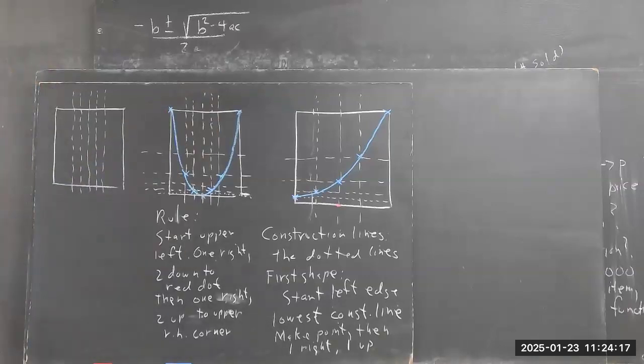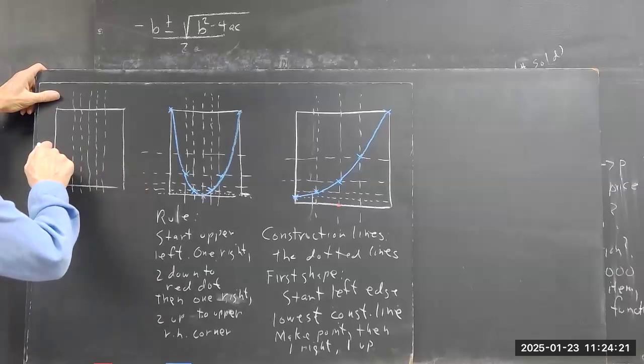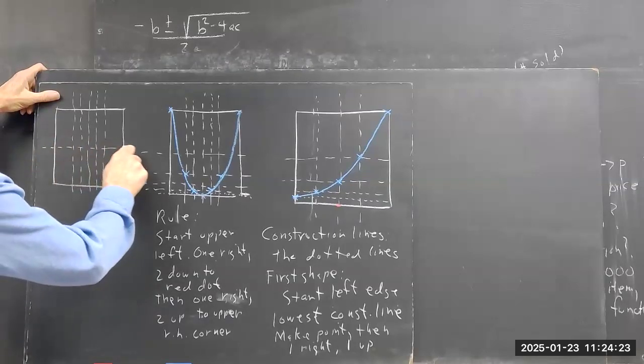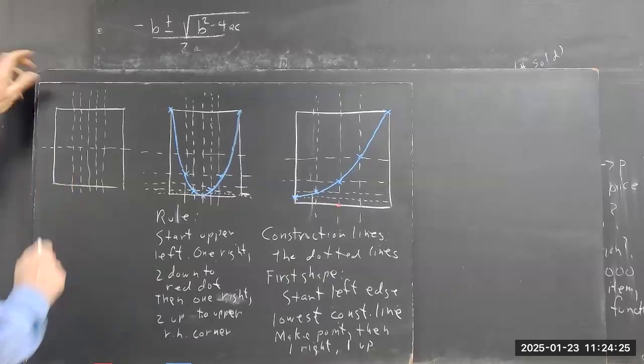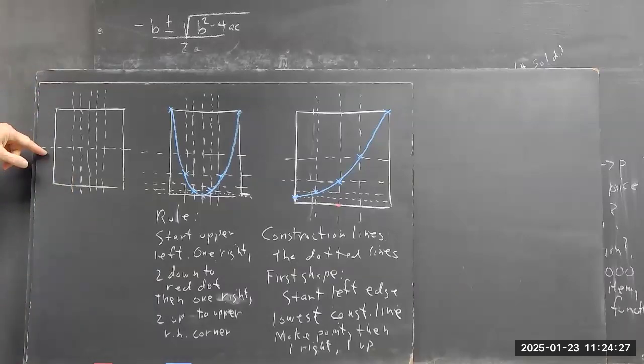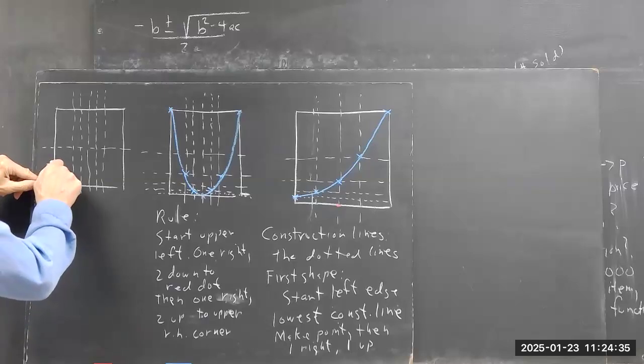There you've got your vertical lines. Horizontal lines, middle. Halfway, then that puts this line halfway from the upper edge to the lower edge. Then you go halfway from that line to the lower edge.